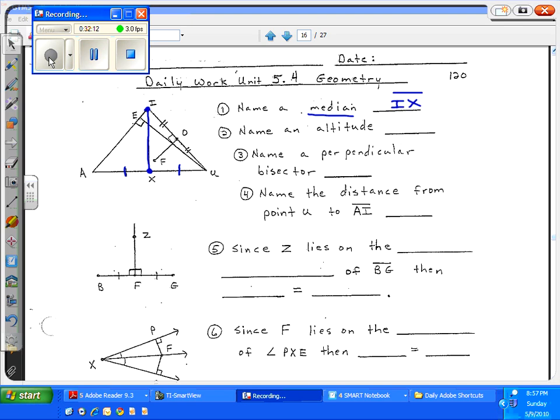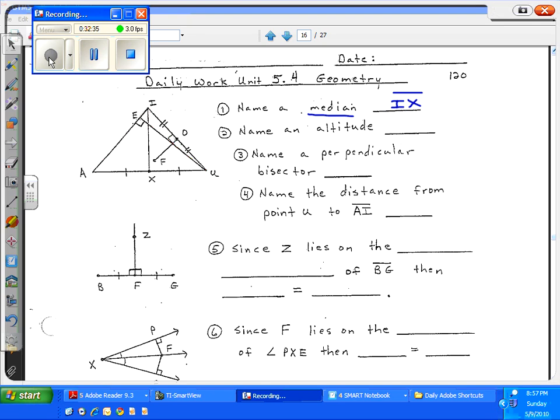An altitude. We've got to say the definition. It's a segment from a vertex perpendicular to the line that contains the opposite side.